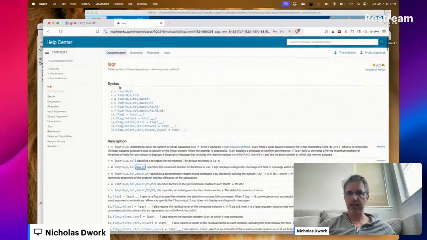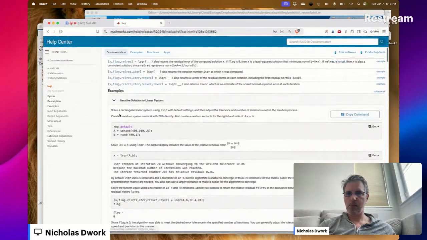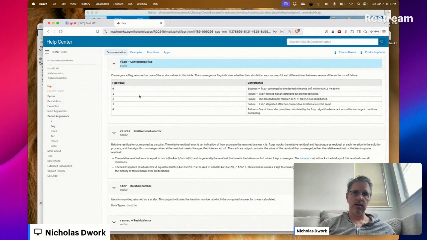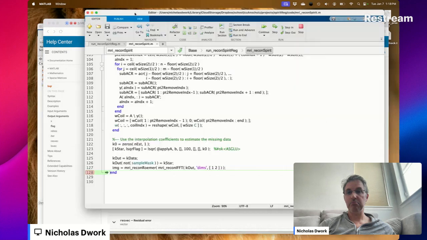Oh, I want to see the flag now. What does a flag of 1 mean? Failure. LSQR reached max iterations but did not converge. So at 20, it thought it converged, but at 100, it doesn't.